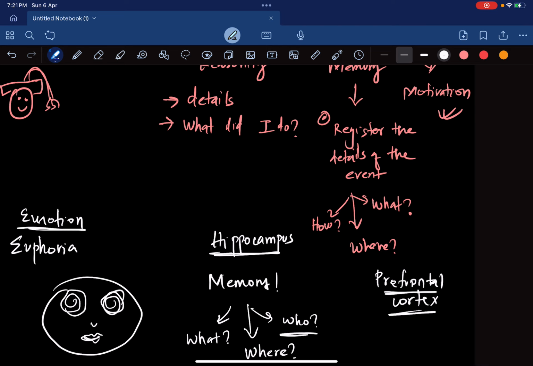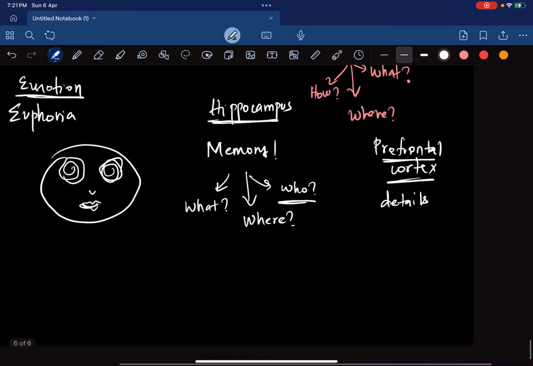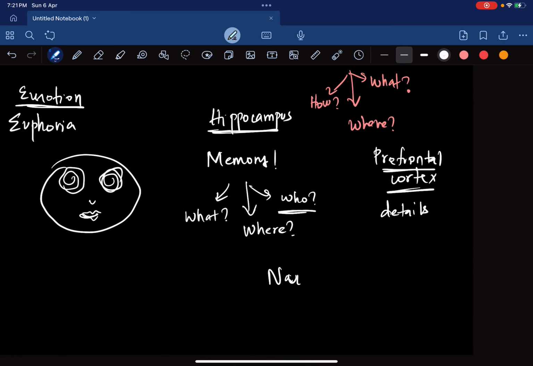How much drug did I take? All these details of the event. Finally, the nucleus accumbens is going to push the person to consume more drugs in this situation.